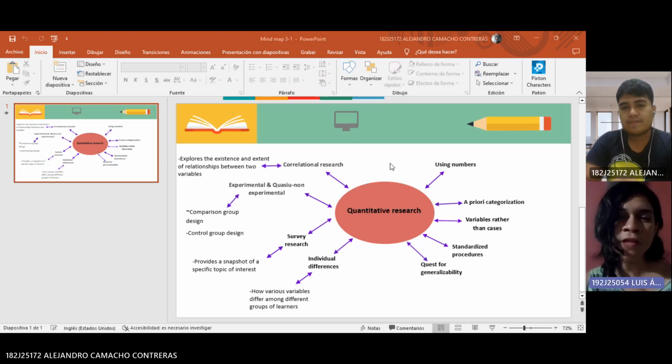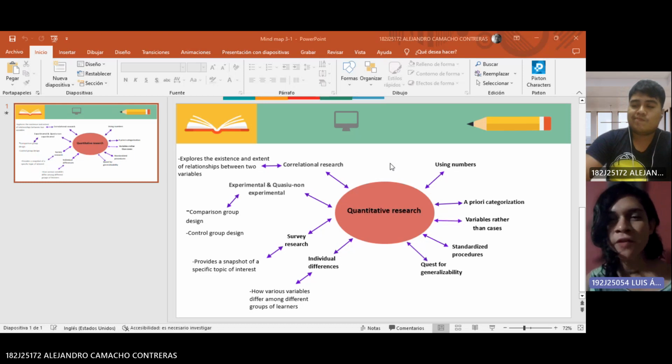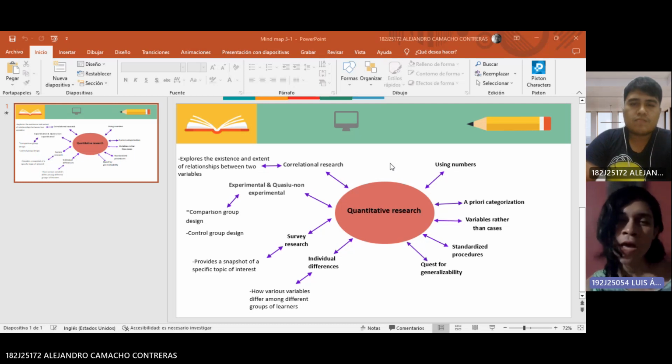Yes, I agree because the study of individual differences complements the search for general principles by investigating how people differ from one another. And that's my opinion.